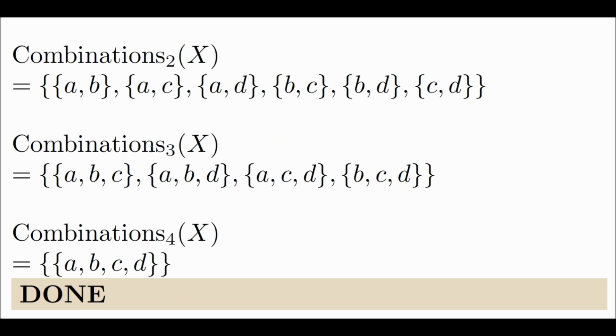If I want the combinations of X of size 3, that would be all the subsets of X that have exactly 3 objects. So I've just listed out all the subsets of X that have exactly 3 objects. If I want the combinations of X of size 4, this would be all the subsets of X that have exactly 4 objects. There's only one subset like that, and that's the entire set X.